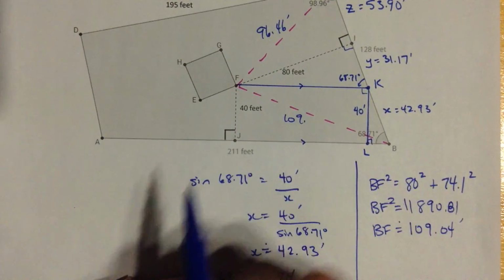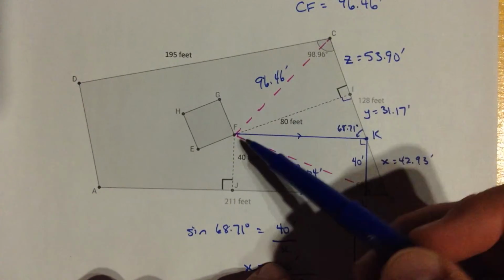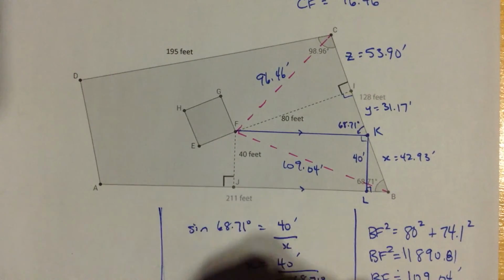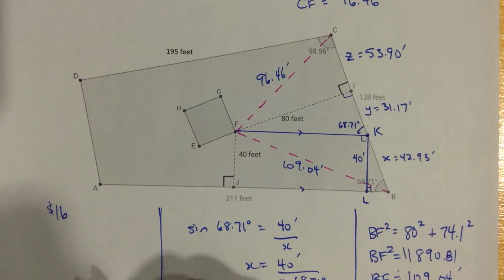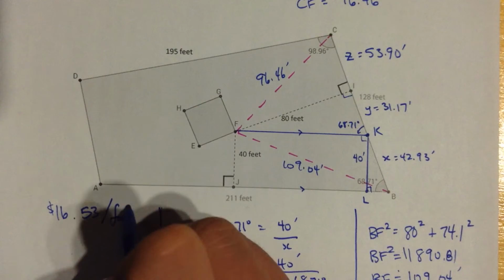Okay, 109.04 feet. Alright, now I know that C is the shorter distance, so that's great. How much does it cost for the wire? The wire, I say in the problem, is, let me look, $16.53 per foot.